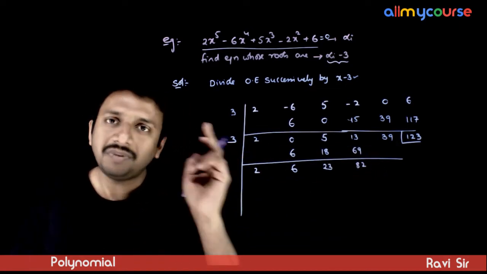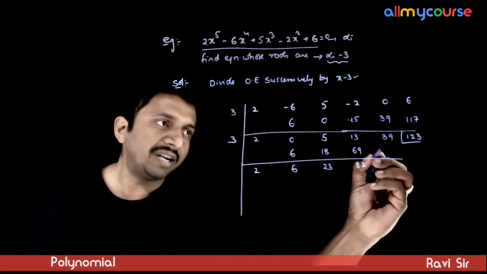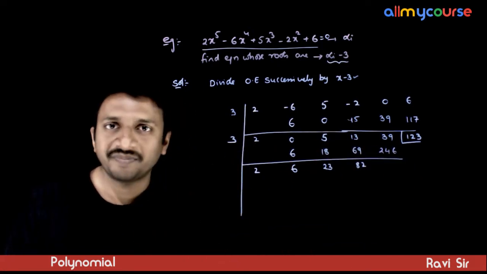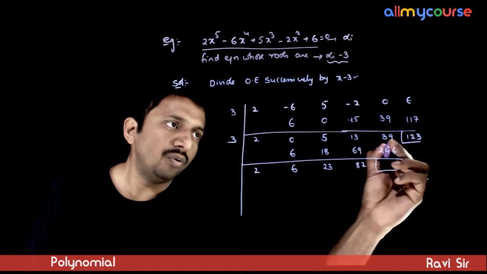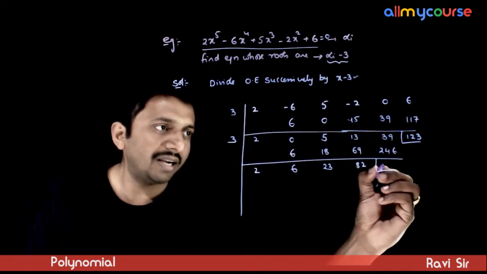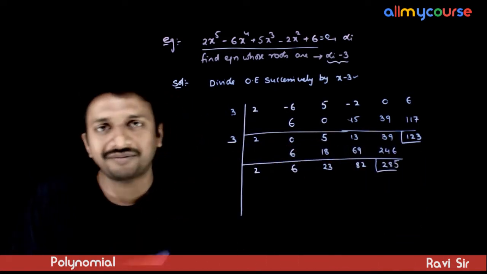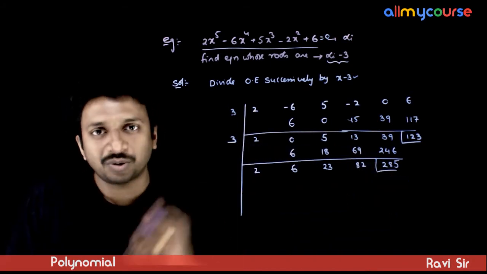And 82 into 3, 246. So 246 plus 39, okay, 285. We got the next coefficient.